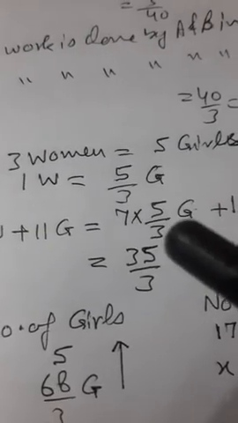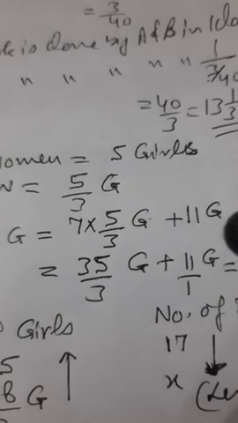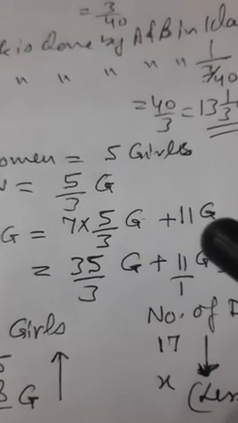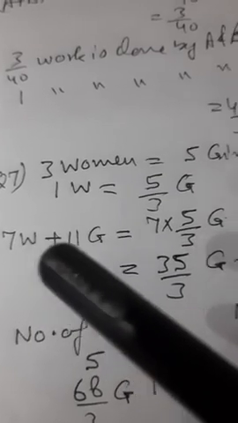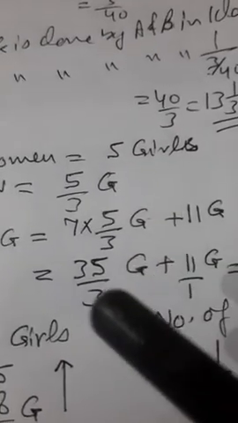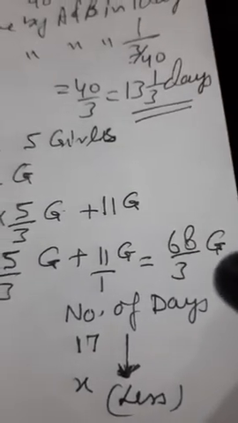So 7 into 5 by 3 girl plus 11 girls. Now here girl and girl have become the same unit, so they can be added. That is why we are converting woman into girl. If we calculate this by taking LCM, we get 68 upon 3 girls.